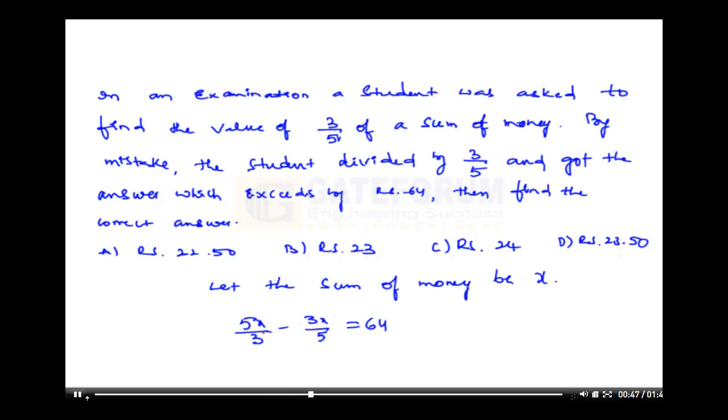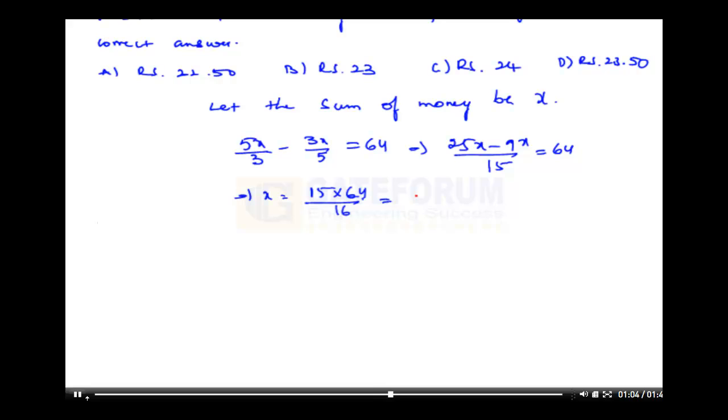So the difference can be taken: 5x by 3 minus 3x by 5 is equal to 64. This implies 25x minus 9x by 15 is equal to 64, and x gives 15 into 64 by 16, which gives us 60. Now we require the correct answer.